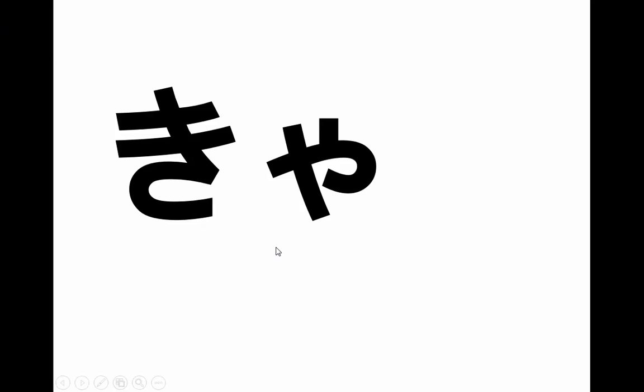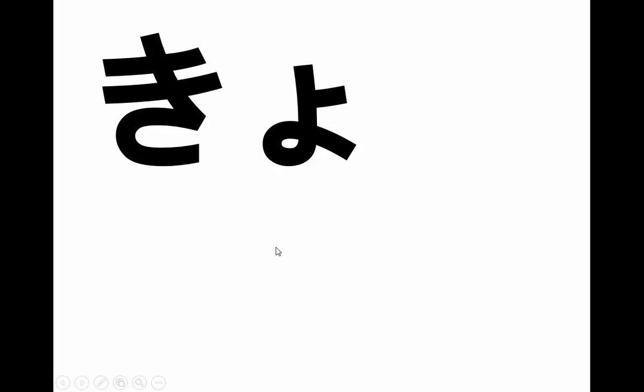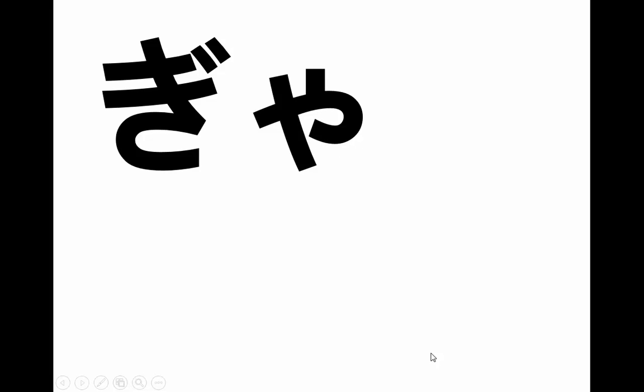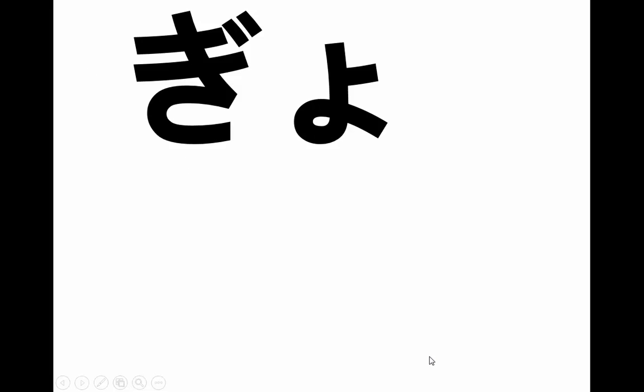Okay, so here is kya, kyu, kyo. You've probably heard of Kyoto. This is the first part. Okay, gya, gyu, gyo. See how those work? There's a logic there, right? This is not the craziest, most illogical part of the language, for sure.